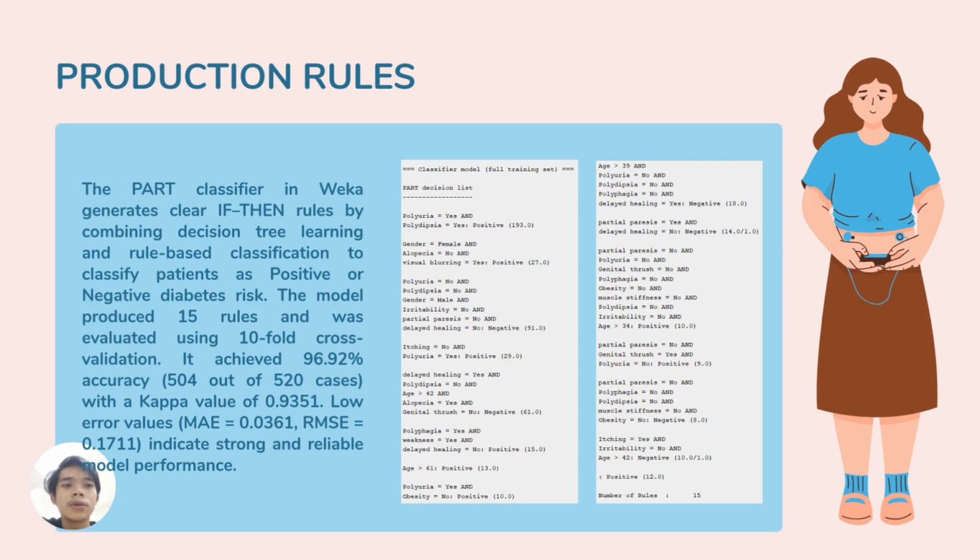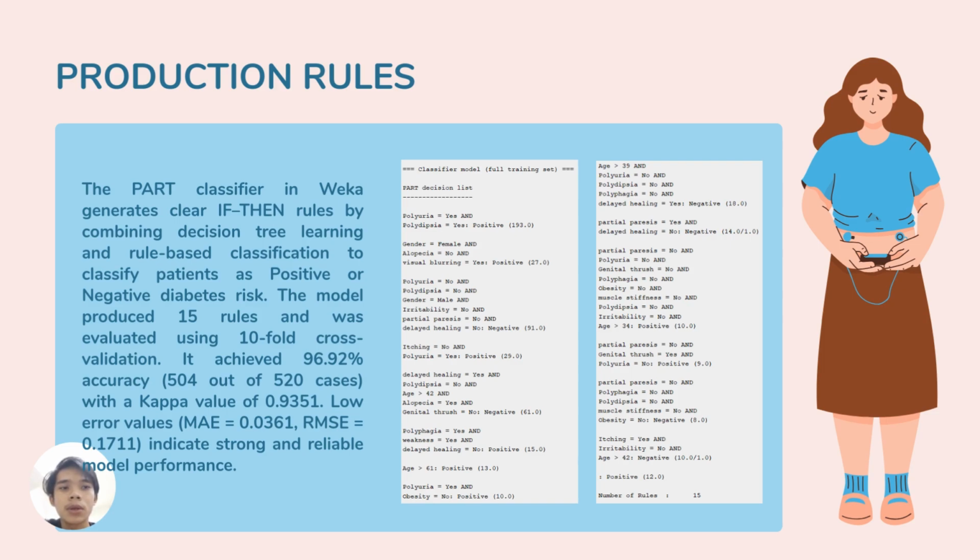These rules are used to classify a patient in two categories, positive or negative diabetes. For example, a rule says if polyuria is yes and polydipsia is yes, then the patient is classified as positive risk. This makes the model very transparent and easy to interpret.